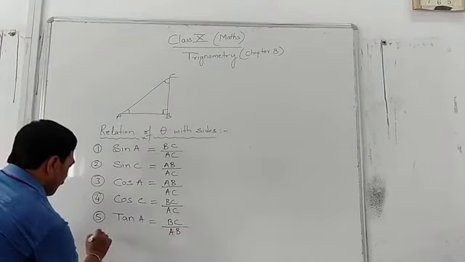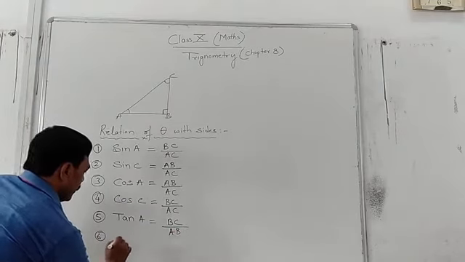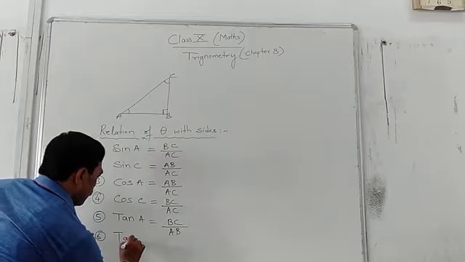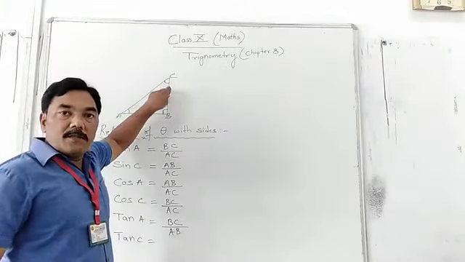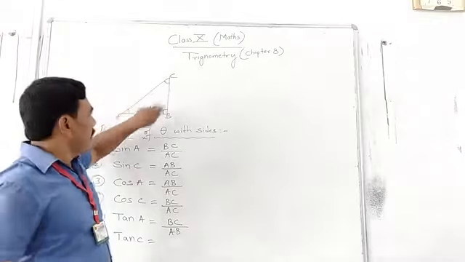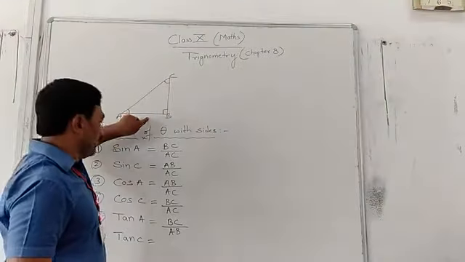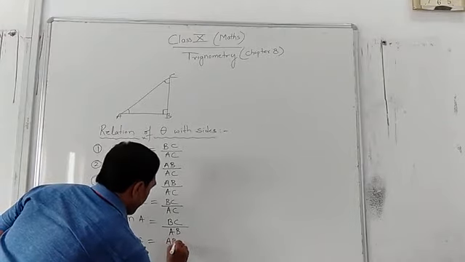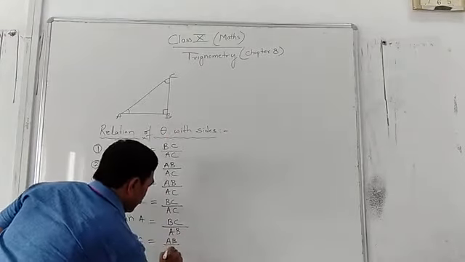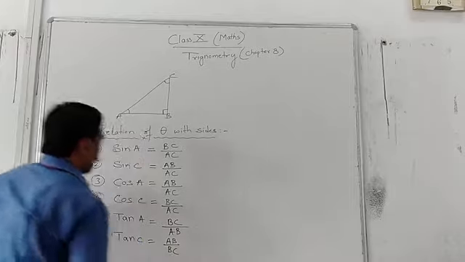Clear? Sixth one, tan C. If theta is C, then AB is the perpendicular, so it is AB upon base BC.